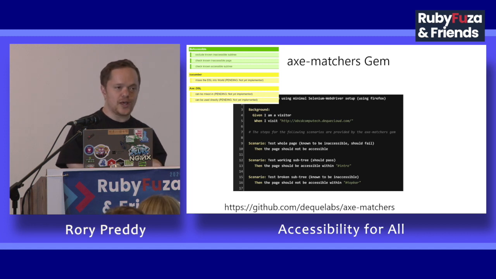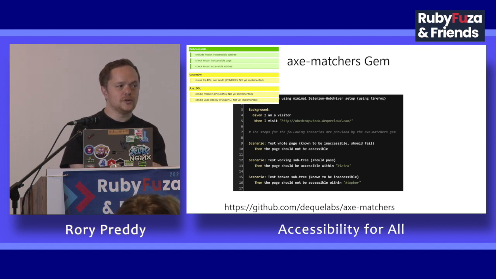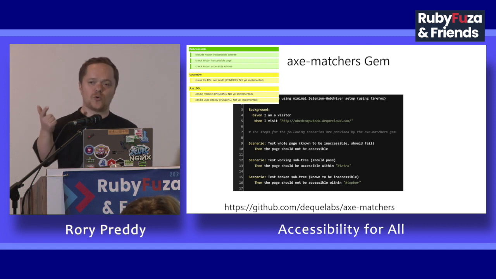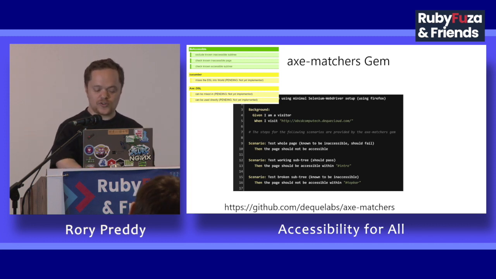All of these URLs will be available via the QR code that you get there. So as part of your rake build, you can now add axe-matchers and a test. You can do a fast pass, you can check for core accessibility issues or specific accessibility issues. You can put it into Azure DevOps, so you can just put it into your standard build.